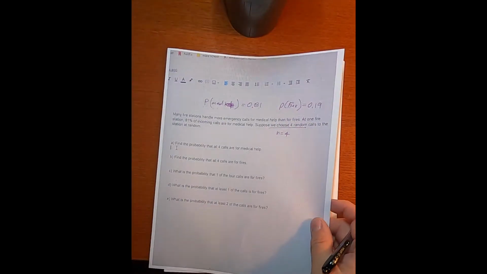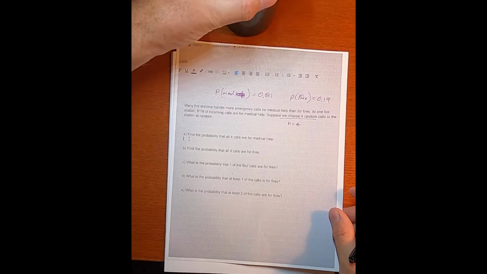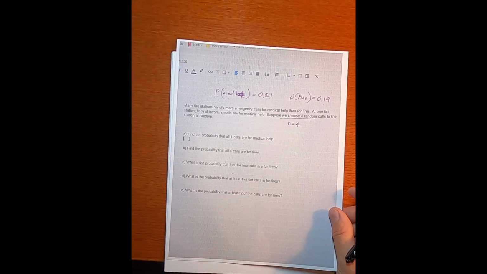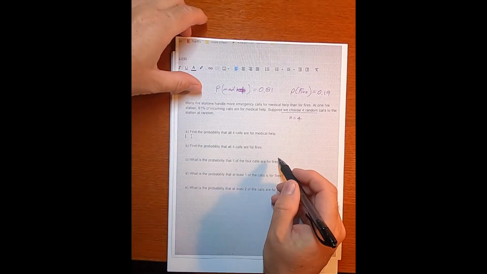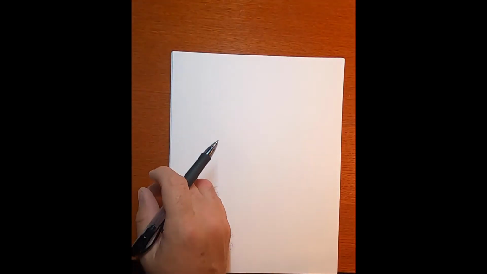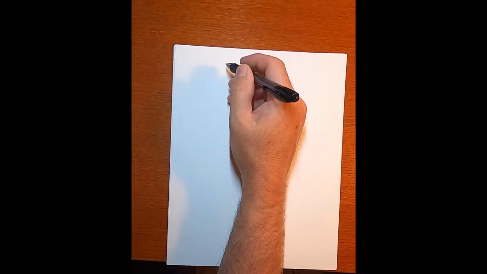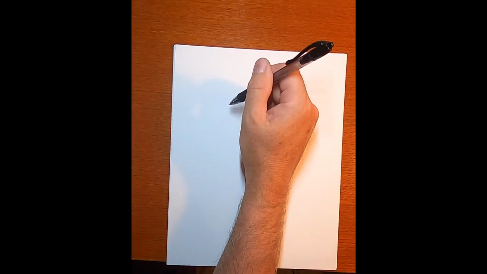All right, so go back to the problem here, and we have to find the probability that all 4 calls are for medical help. Well, I'm not going to go into construction of the binomial distribution from the binomial theorem.